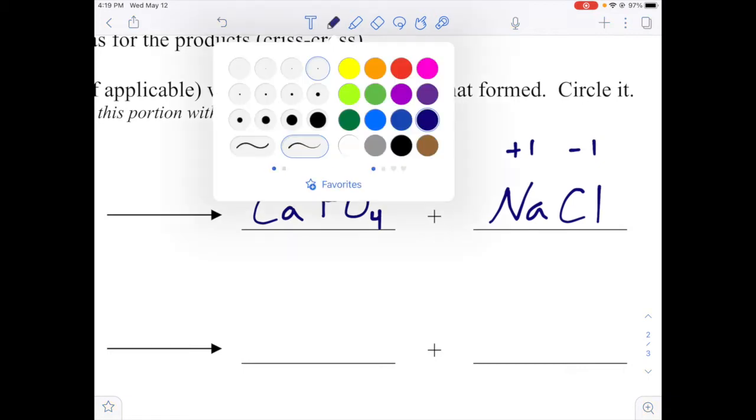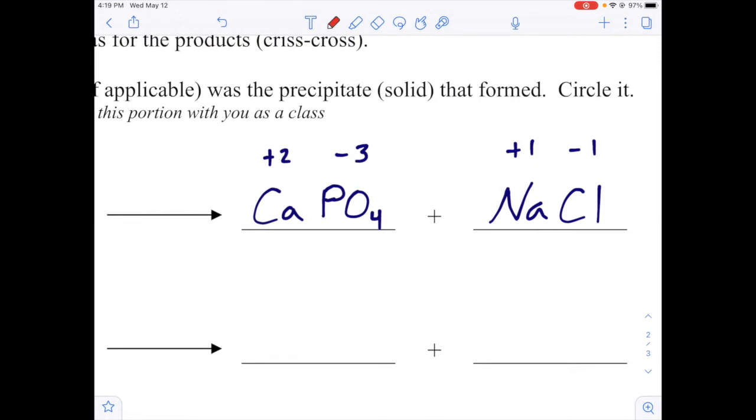Well, we spent a unit learning how to write formulas. +1 and -1, those cancel out, or maybe you learned the crisscross method. Turns out one of each is all you need. And so NaCl is a perfect compound. +2 and -3 do not cancel out. Turns out you have to get to a +6 and -6 charge to cancel out.